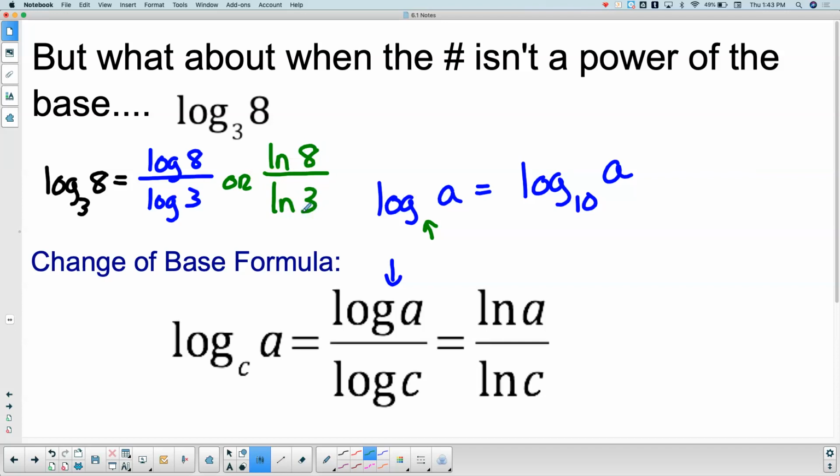And when I do that on a scientific type calculator, I get 1.893. Which falls in that range that it should. We knew it had to be between 1 and 2, closer to 2 than to 1. Right in our wheelhouse.